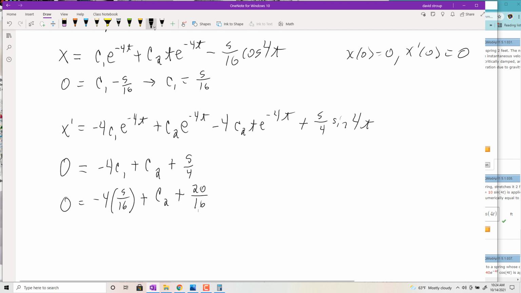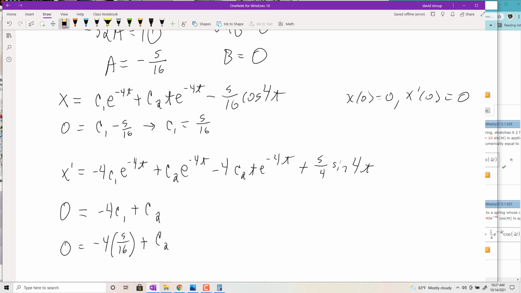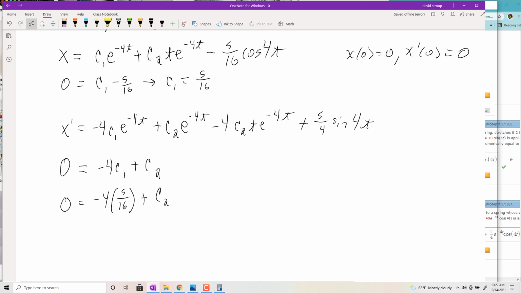It's not one thing, it's the other thing, right? Oh, I see. This is 0, because now it's sine, so you plug 0 in for sine, and sine is 0. All right, so very good. So C2 is just going to be 20/16. Simplify that, divide top and bottom by 4, that'd be 5/4.